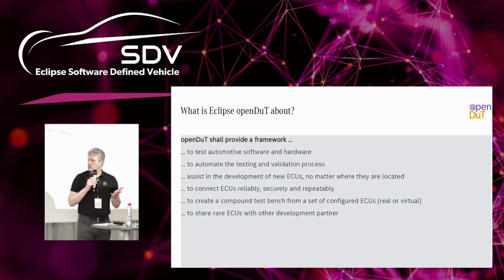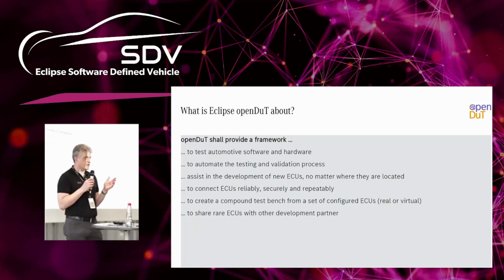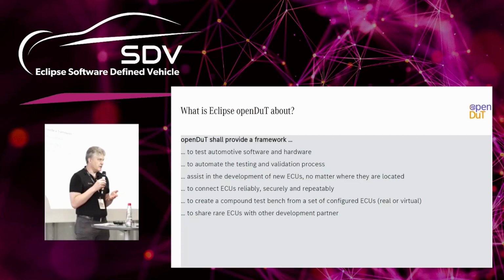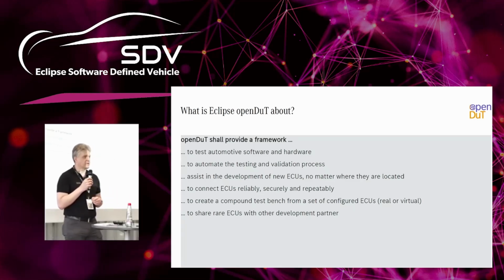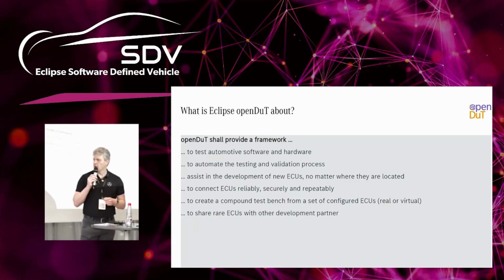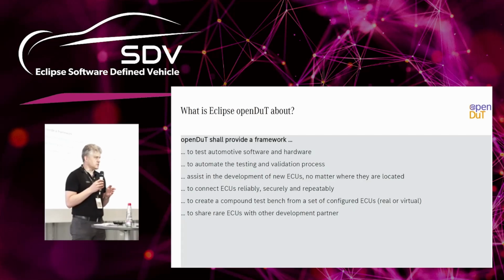And of course, this network and this configuration can be set up repeatedly, reliably, and in a secure way so that you can have regression tests that work the same as you had earlier when you set up the network. And of course, one important topic is it enables you to have the integration or sharing of ECUs between OEMs and tier 1 suppliers or any other supplier so that you can share the resources in an efficient way.